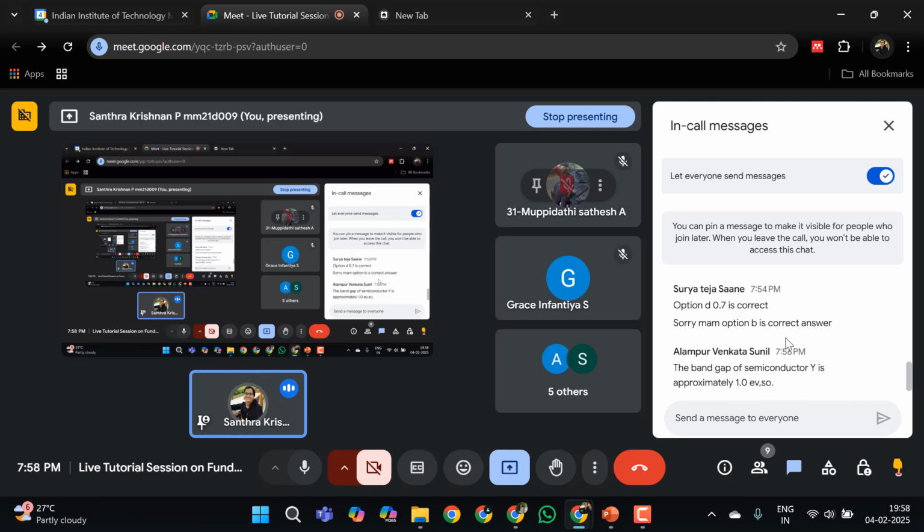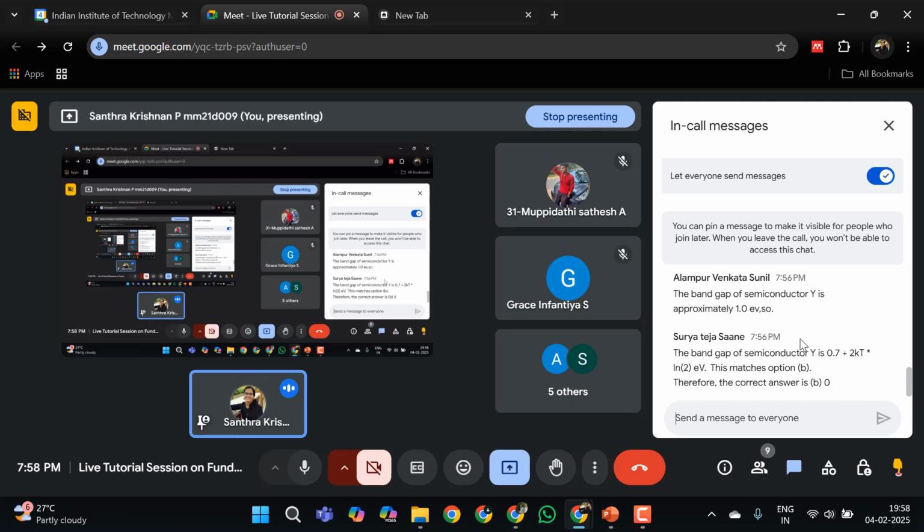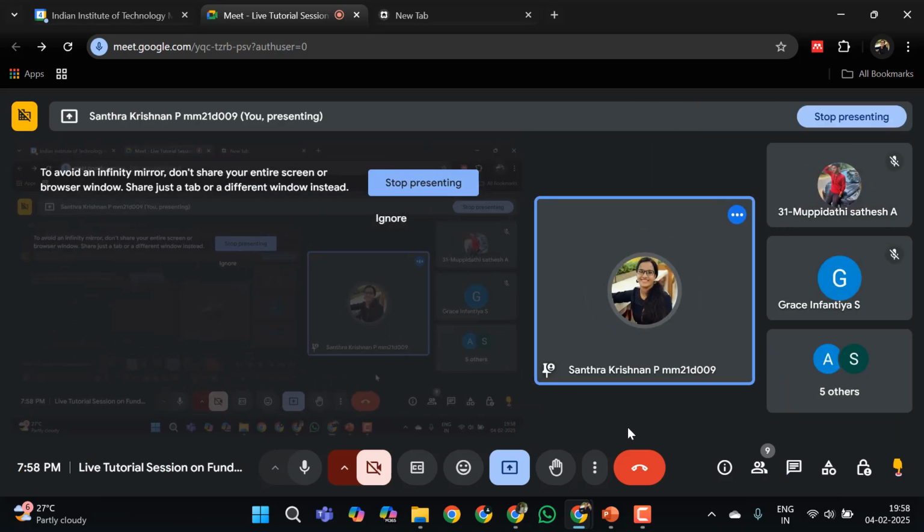One person has mentioned 0.7 is correct, and another mentioned option B. Option B again, then Y is approximately 1 electron volt, which is option B. Okay, many people have mentioned option B.